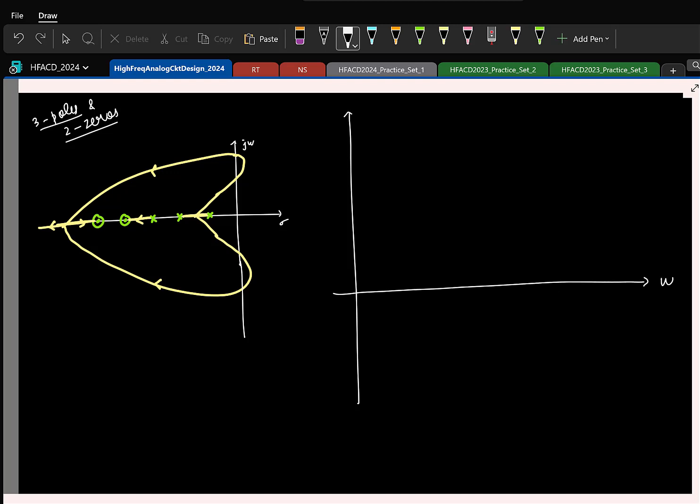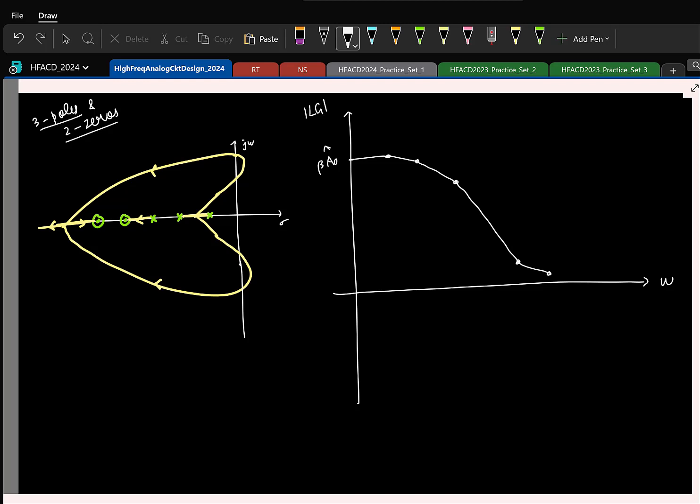Let me sketch the magnitude of loop gain. So let us say this is for some DC gain A naught hat that I am sketching. So we have first one pole, then it falls as minus 20 dB per decade. Let us say we have second pole, minus 40, third pole let's say minus 60, and then we have 2 zeros.